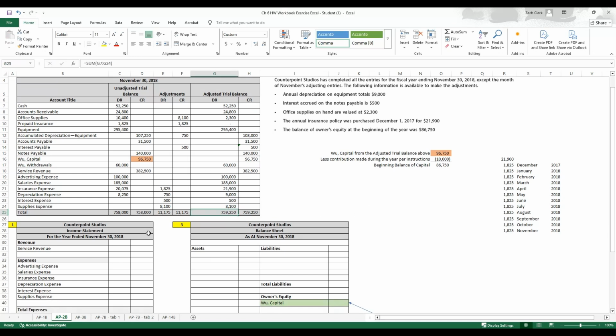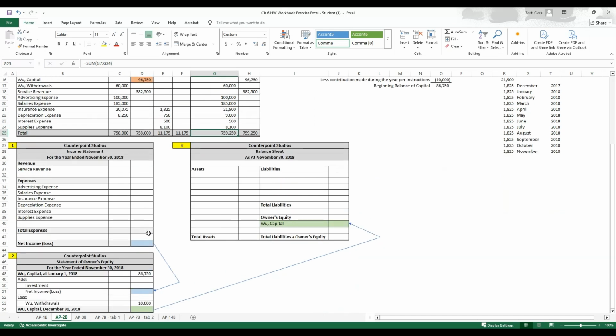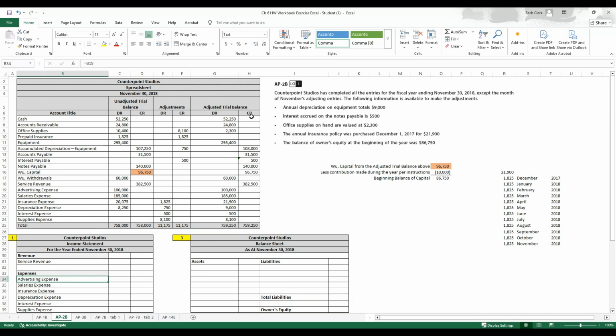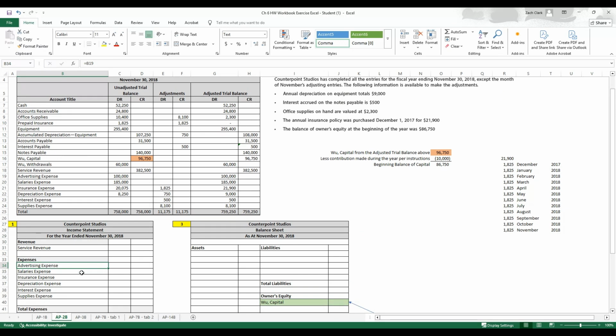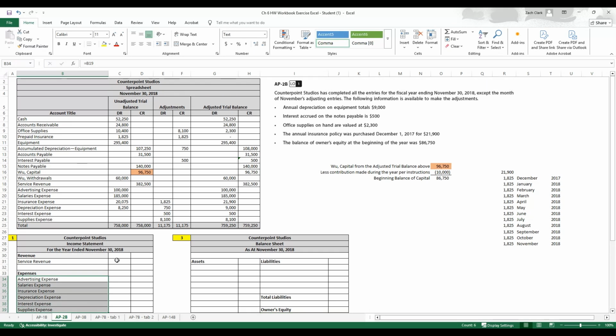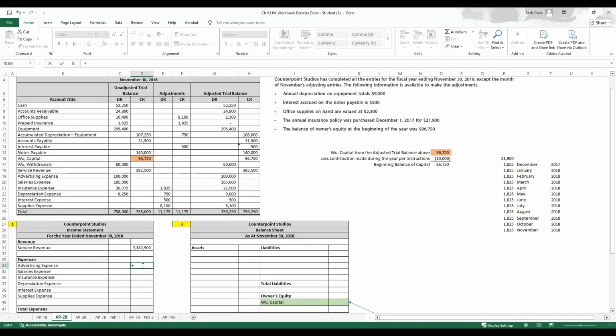And now with this all prepared, we can go through and put in our information. It looks like I left in some of the formulas here for the things above, and that's fine. I'm just going to leave it so y'all don't have to redo that. Where's my, I just grabbed the wrong one there. Service revenue, yeah, make sure you grab the right account.